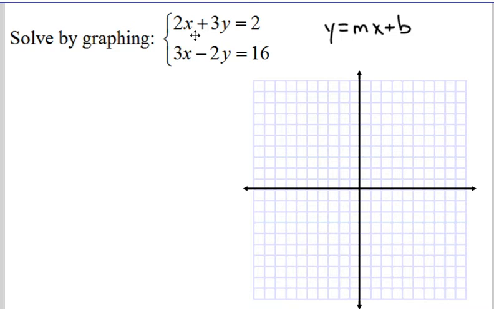When they're in standard form like this, we can do that in two steps. For the top equation, I'll take the 2x to the other side and get 3y = -2x + 2. That's step one.